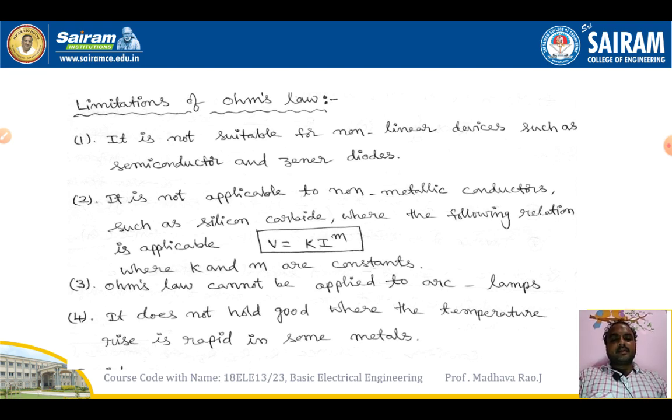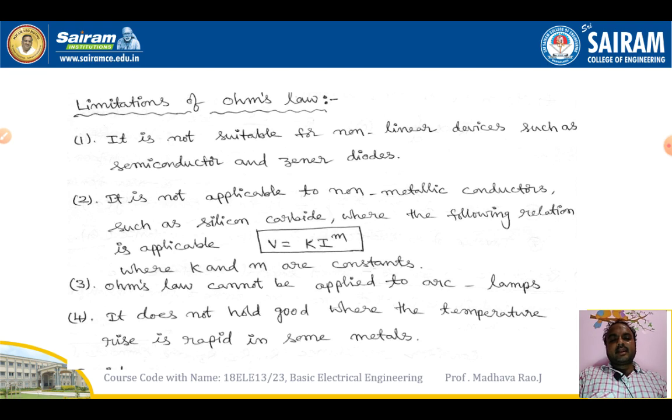Second, it is not applicable to non-metallic conductors such as silicon carbide, where the relation is not V is equal to I into R, but V is equal to K into I power M, where K and M are constants. Here V is not directly proportional to I in such materials, that is non-metallic conductors.